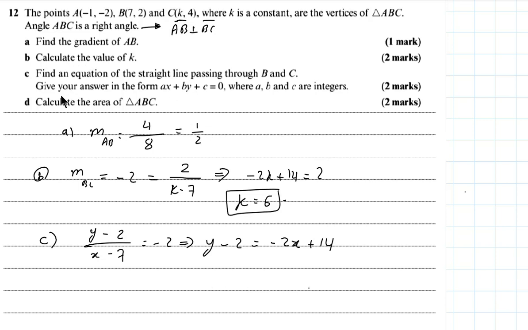Since the required form is ax + by + c = 0, we can write it as 2x + y - 16 = 0. A here is 2, B is 1, and C is -16.